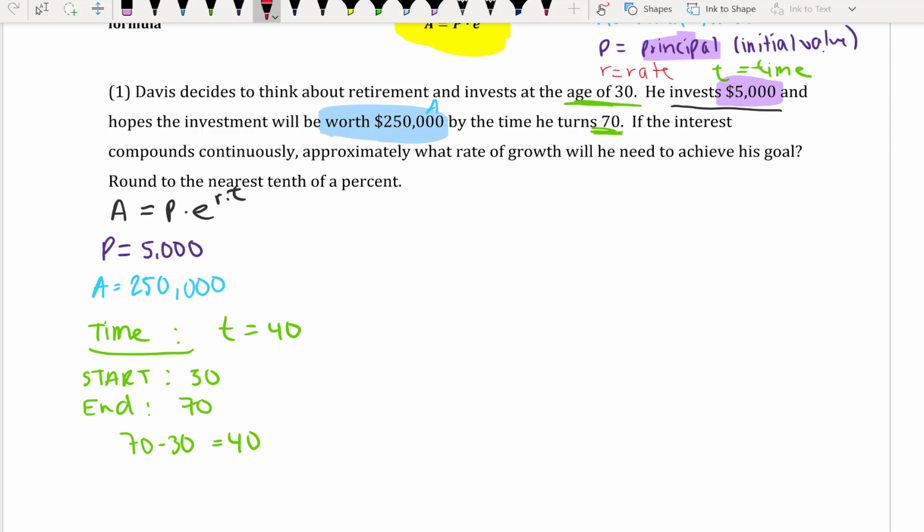So the rate, approximate the rate, right? So this is what we're trying to find. So R is going to be our unknown. This is what we're trying to solve for. We're trying to solve for a rate, okay?